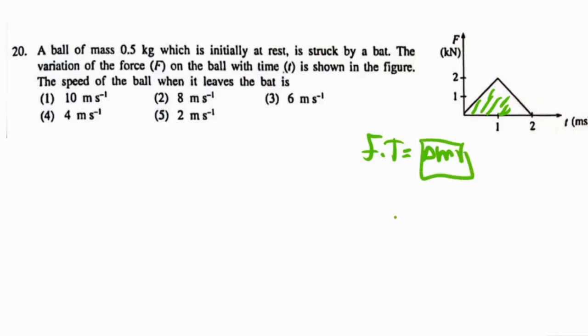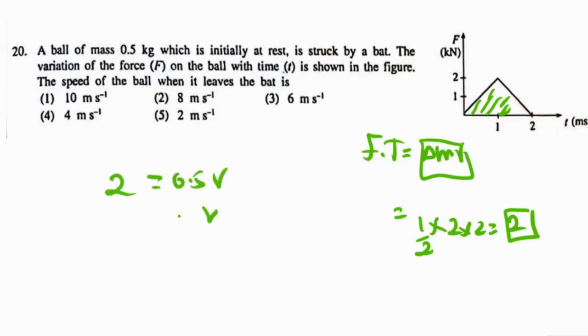Let's try to find the area. So it's a triangle. So half into 2 into 2, basically we are getting 2, right? So mv is 2. So mass is 0.5, so v is 2 divided by 0.5, that's 4 m s to the power minus 1.